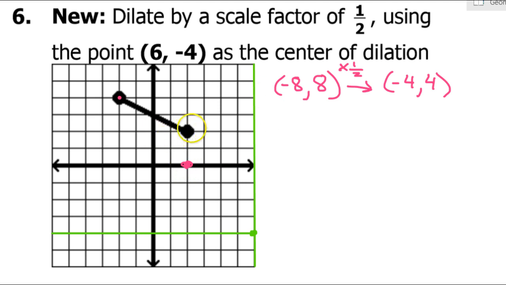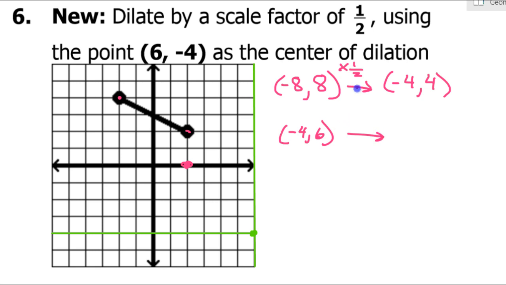Let's do the same thing with the second point, which is right here. Based on my pretend origin, this point is at negative 4, comma, let's see, 4, 5, 6. So the second point is at negative 4, comma 6.